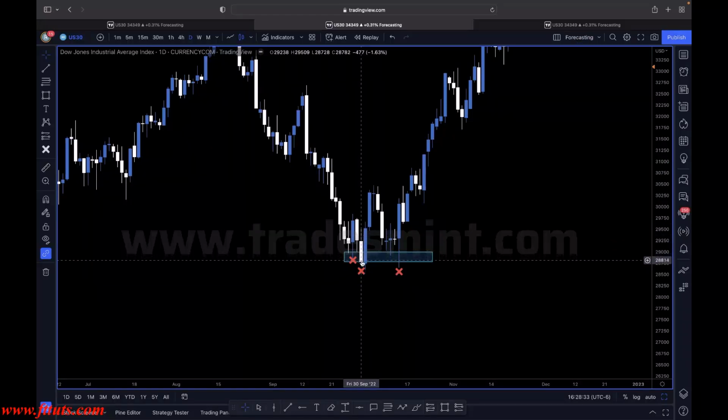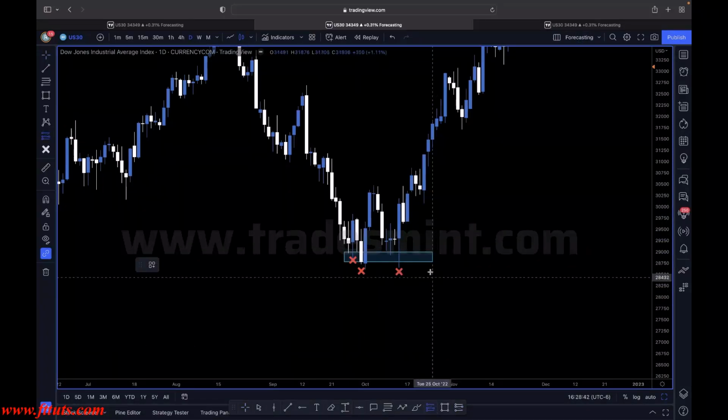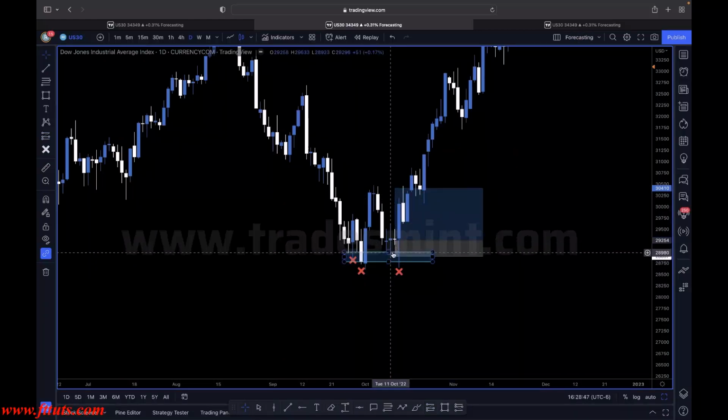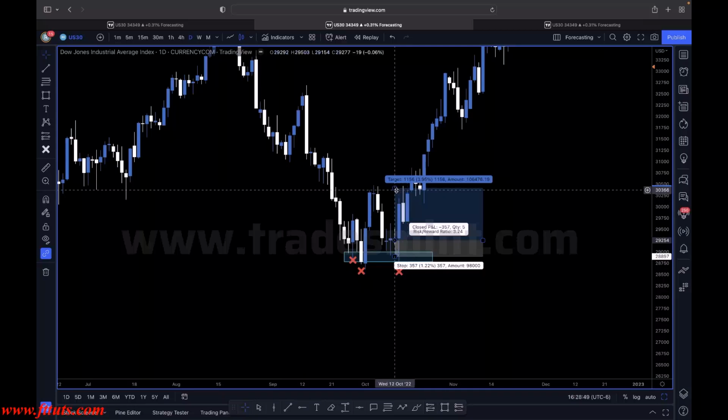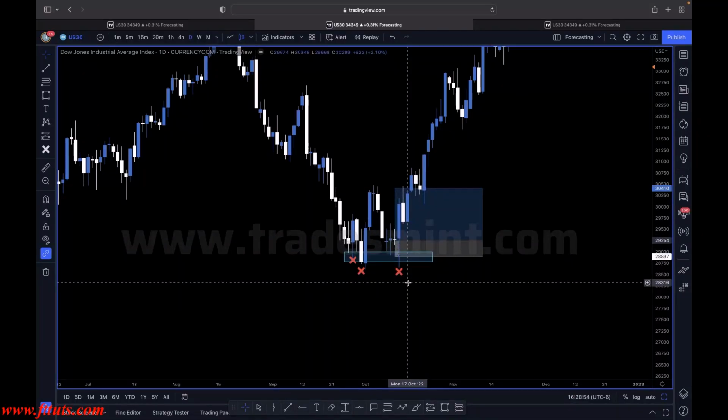The breakout sellers, they get in and then the market reverses on them. And then you also have some buyers who buy a little bit higher here. Okay, so somebody probably bought here, okay, thinking the market was going to go up, and it came down and hit their stop loss, took them out.